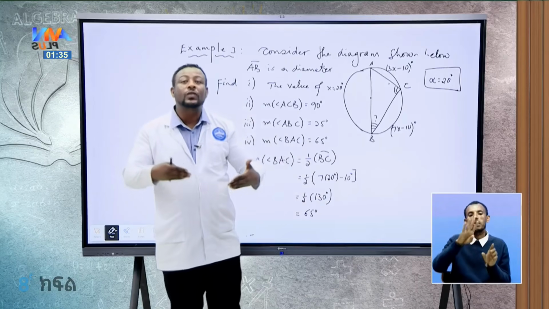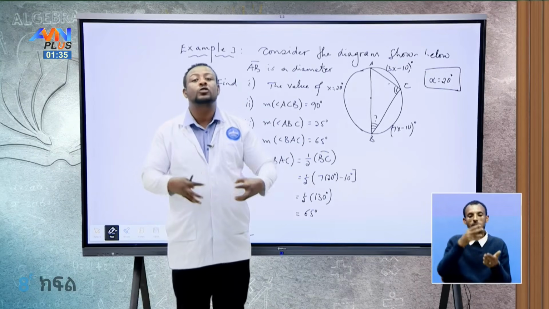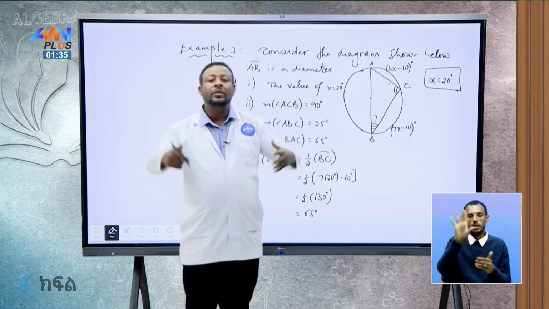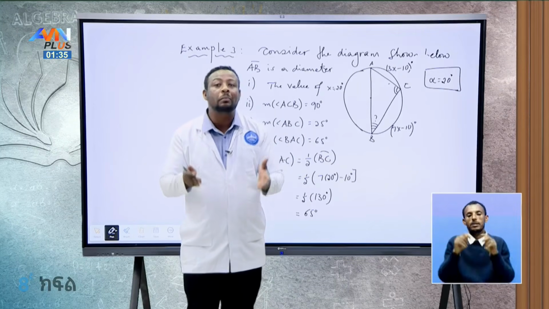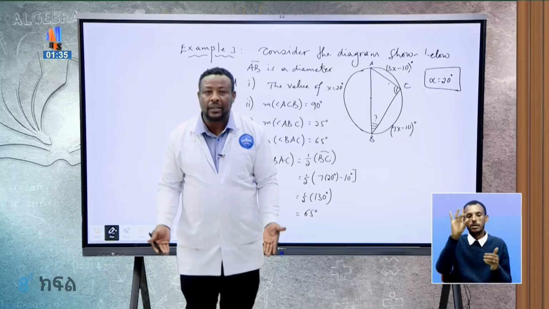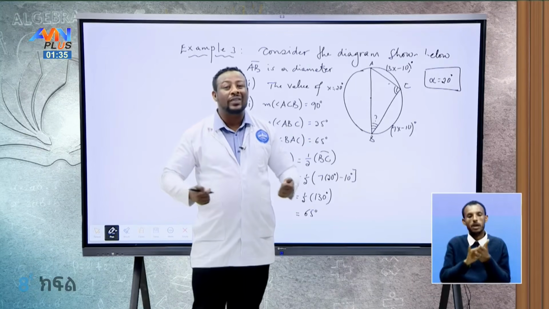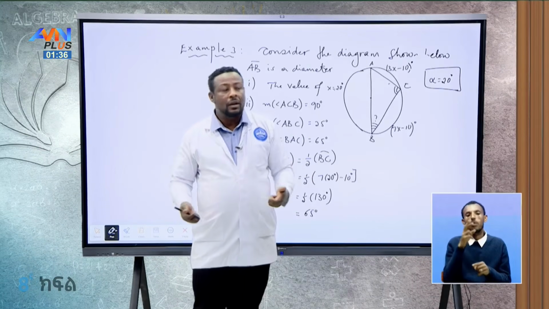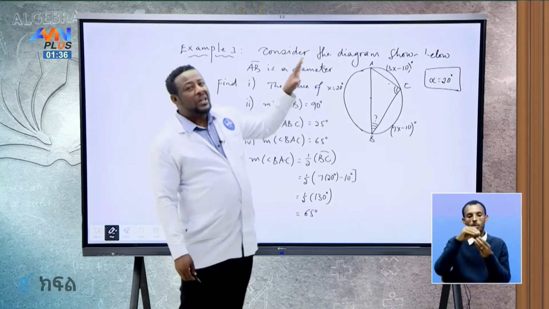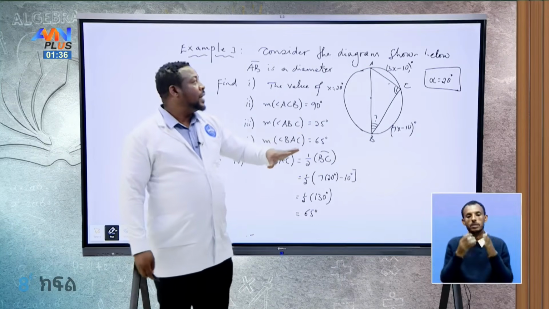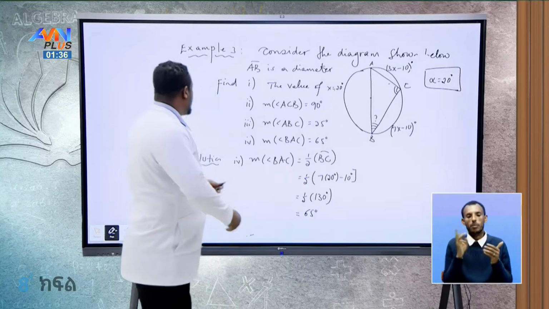So the sum of these three angles is 180 degrees, because the sum of the interior angles of a triangle must be 180 degrees. That way you can check whether your work is correct. Okay, so let me add one more example regarding this, then we will see the next theorem.